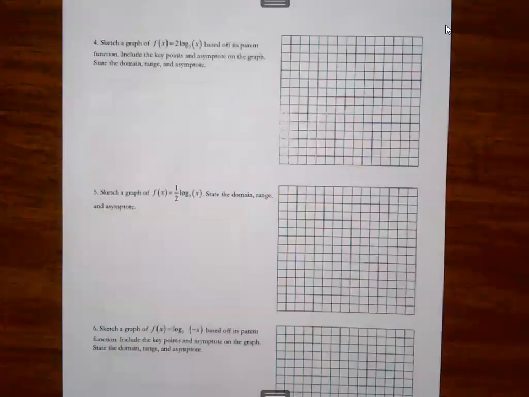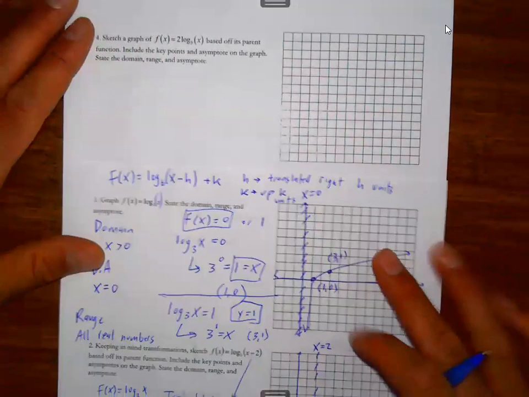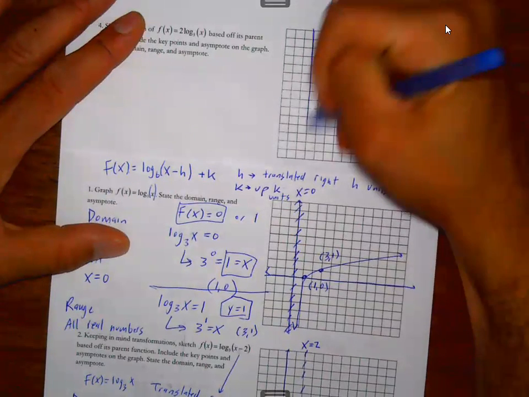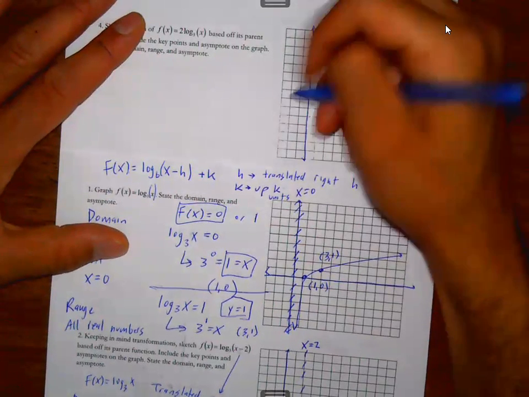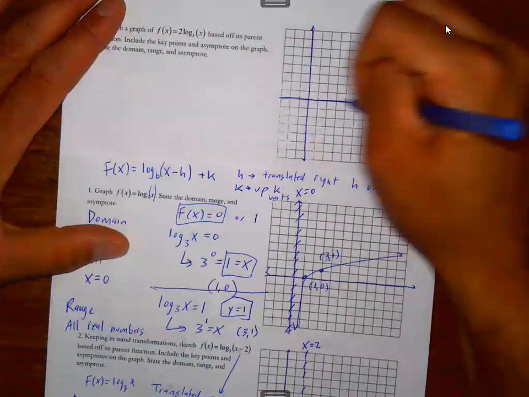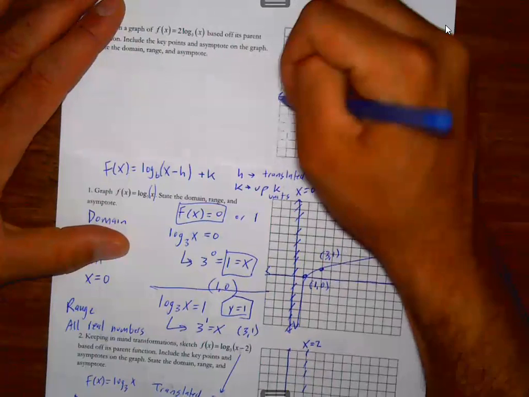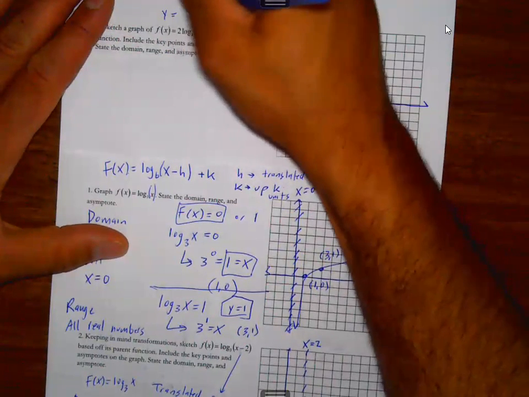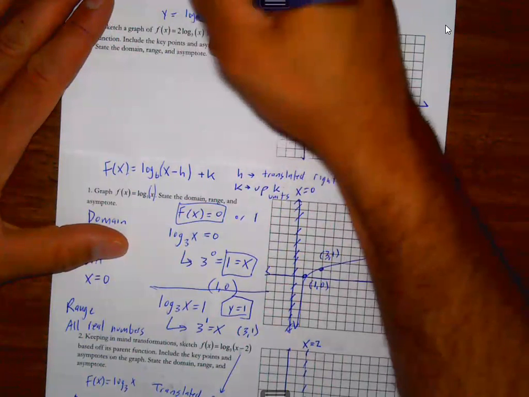All right, so sketch a graph of 2 times the log base 3 of x, based off its parent function. So I'll hold its parent function right here. So what that 2 is going to do is it's going to take all the points and take their y coordinates and multiply them by 2, because we're comparing it to y equals the log of x base 3.